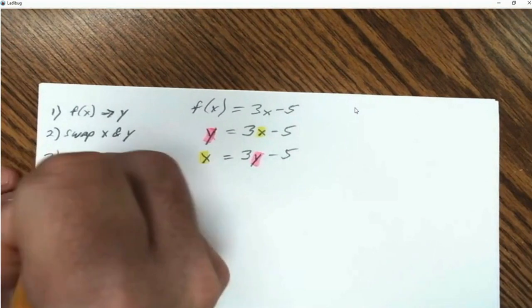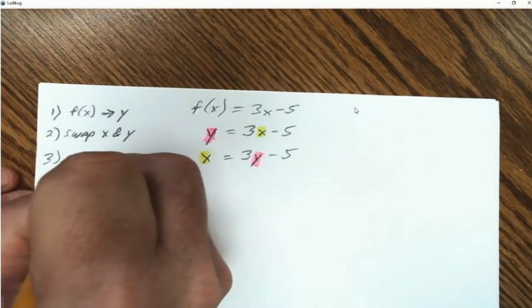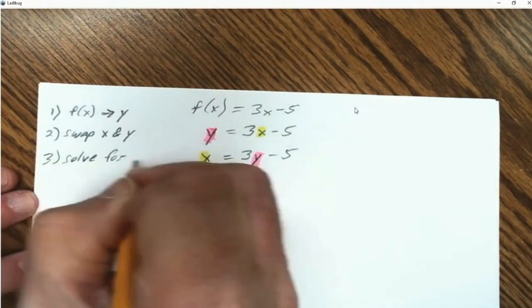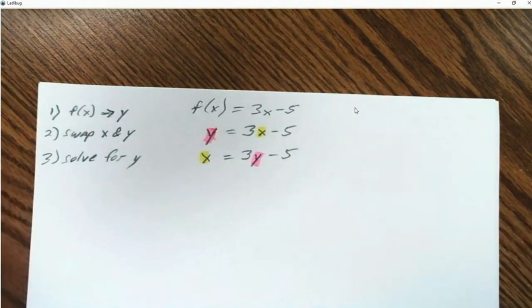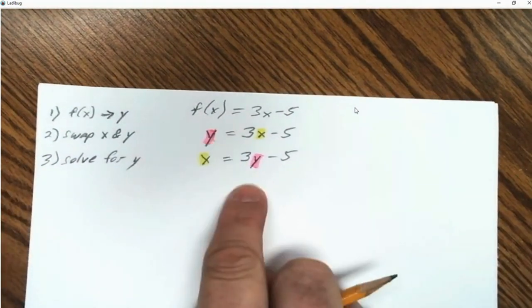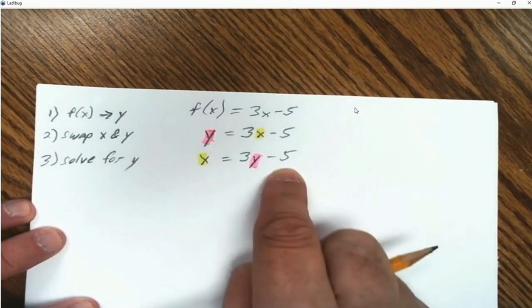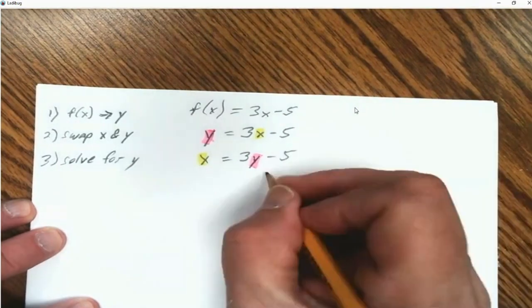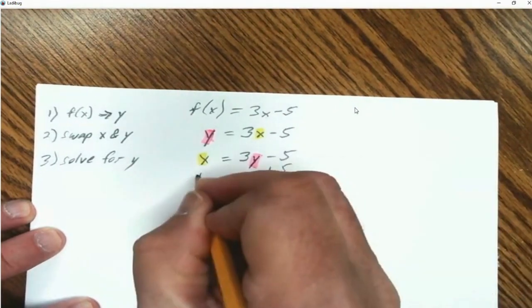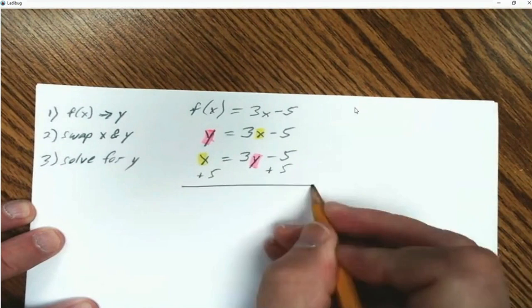Step 3, solve for y. We want to get it back to y equals, just like it was here. But now we're going to solve this for y. So this goes back to solving equations. This doesn't have a y, so let's move it to the other side. That's an x.